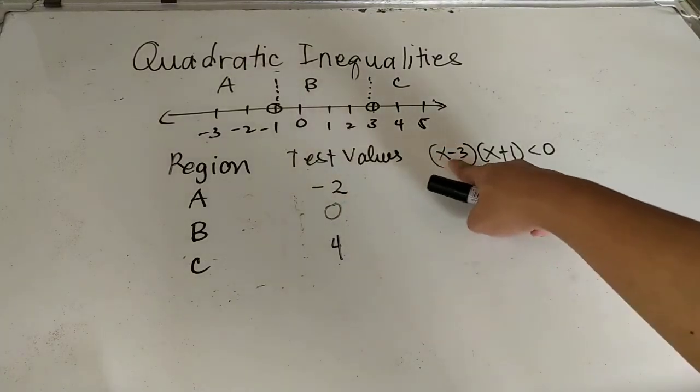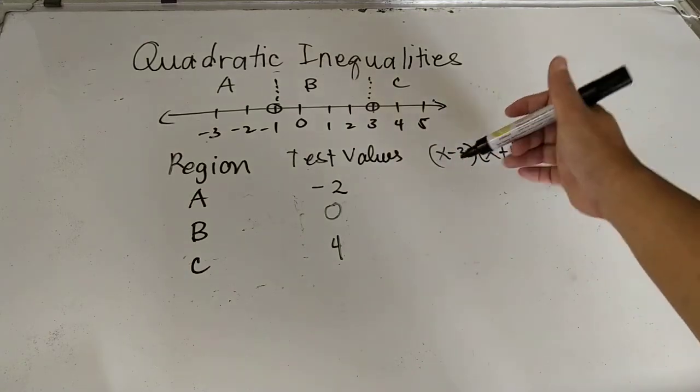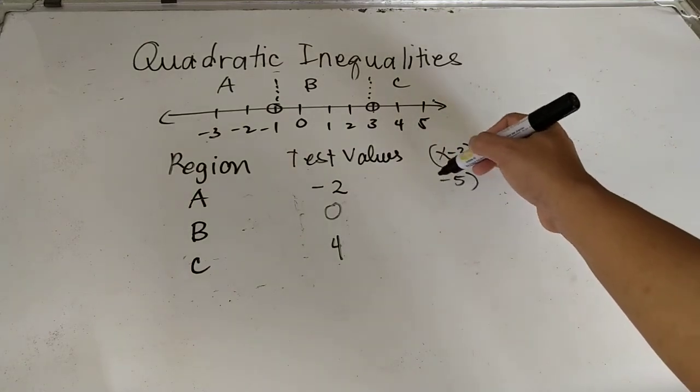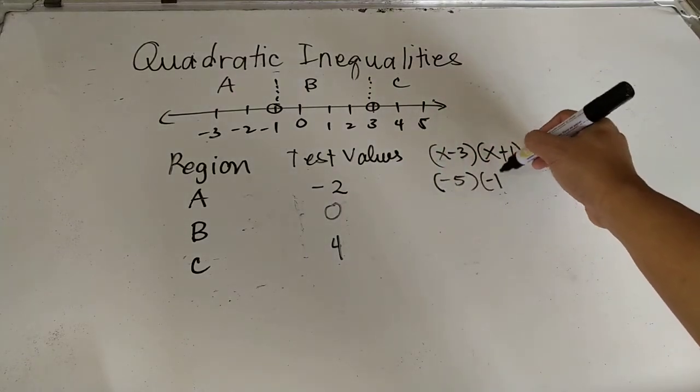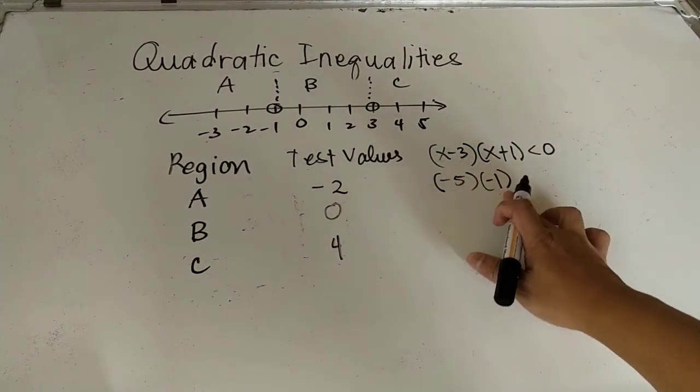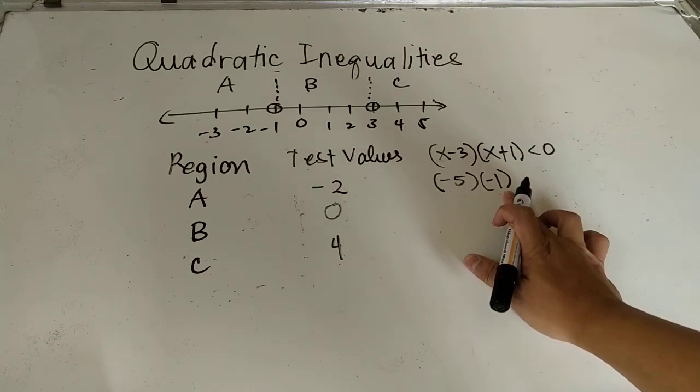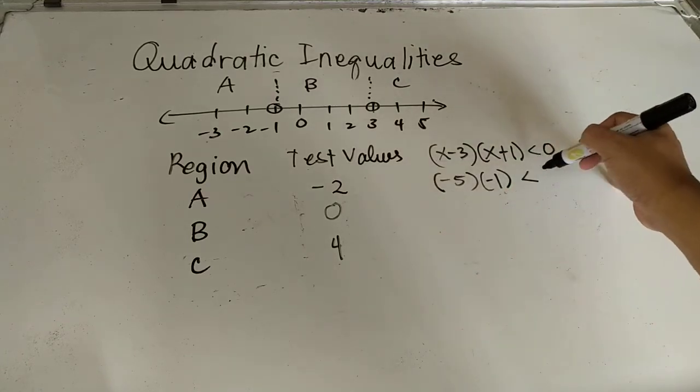So, negative 2 minus 3 is negative 5, times negative 2 plus 1 is negative 1. Negative 5 times negative 1 is positive 5, less than 0.